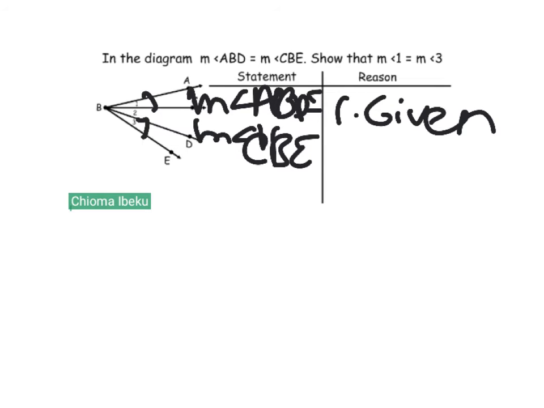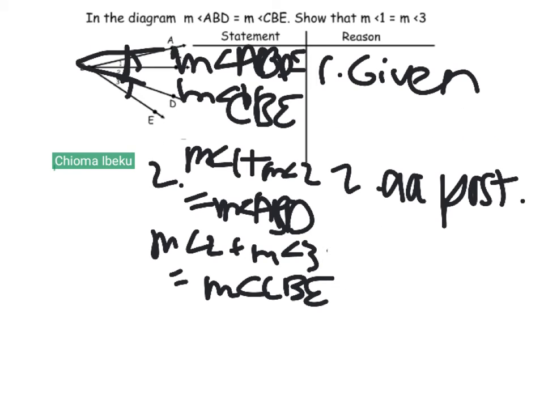So the measure of angle 1 plus the measure of angle 2 is going to be equal to the measure of angle ABD because of the angle addition postulate. These two angles are the ones that make up ABD. The same thing goes for the measures of angle 2 and angle 3 making up the measure of angle CBE. It's all because of the angle addition postulate.